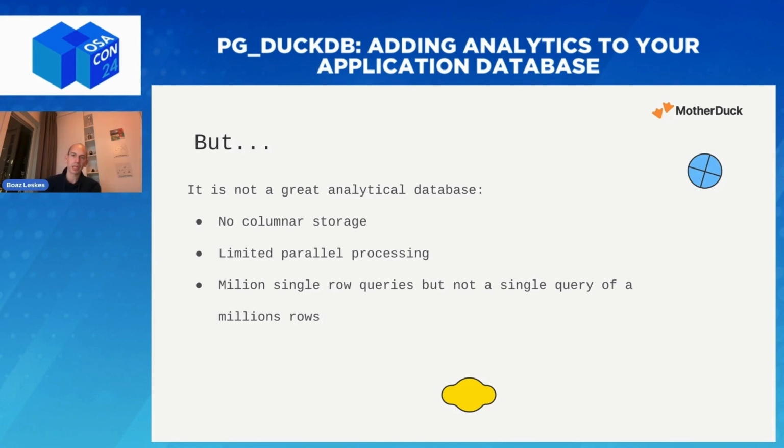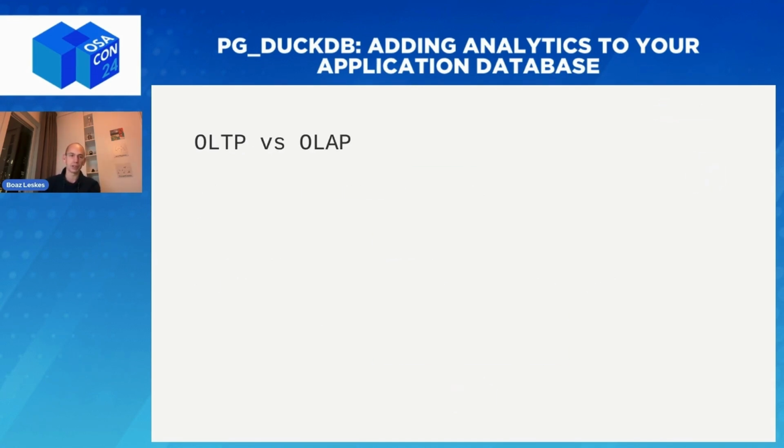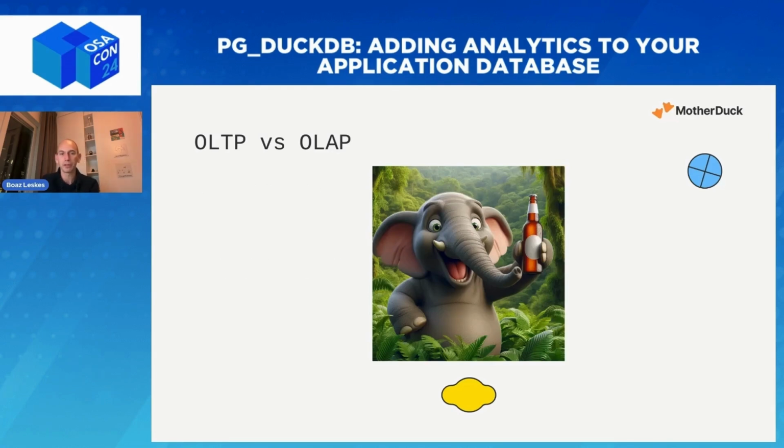Which brings us to a main key distinction in database land: analytics versus transactional, or as people say, OLTP versus OLAP. And here you see an OLTP elephant, or a database that's geared to do online transaction processing. Or as we said before, a database geared to process many small queries.